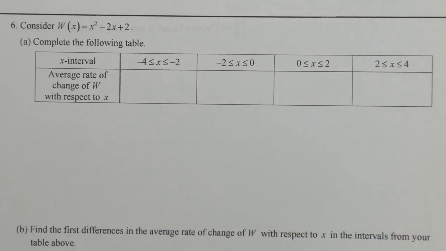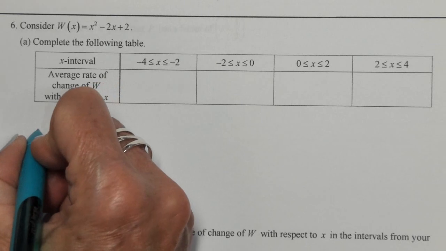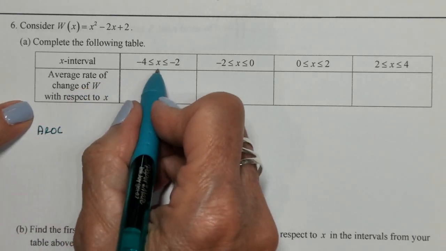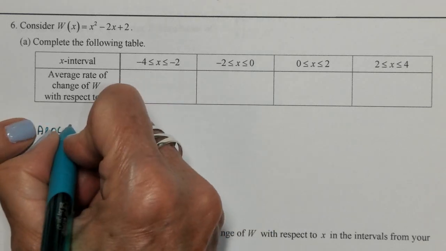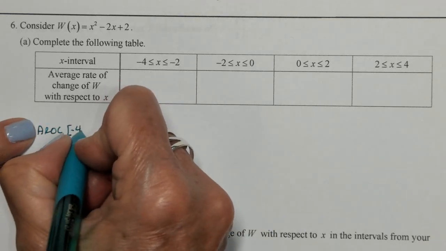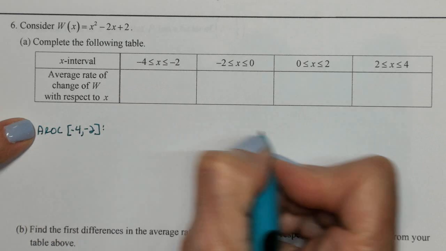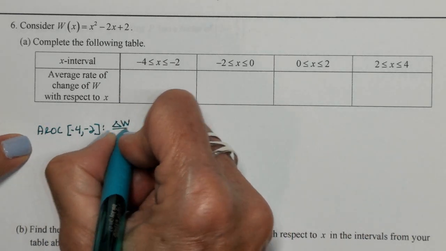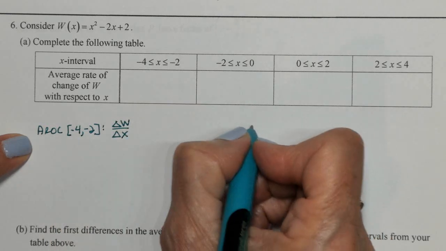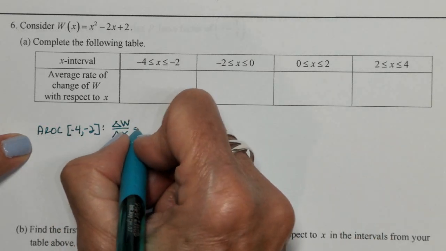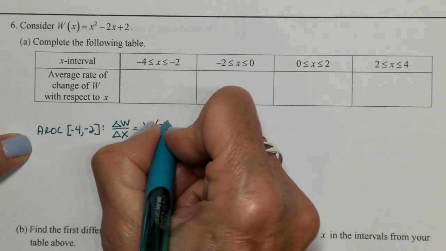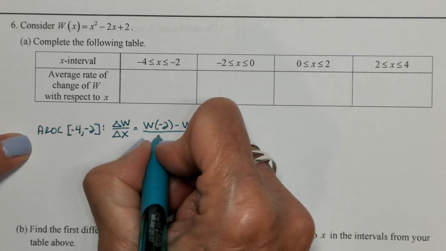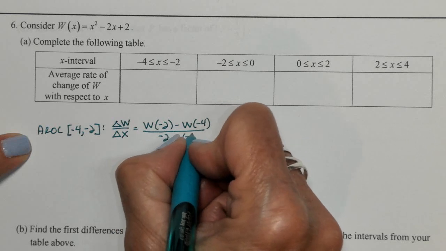So average rate of change, AROC, for this interval will be change in W over change in X on that interval. So W of -2 minus W of -4 over -2 minus -4.